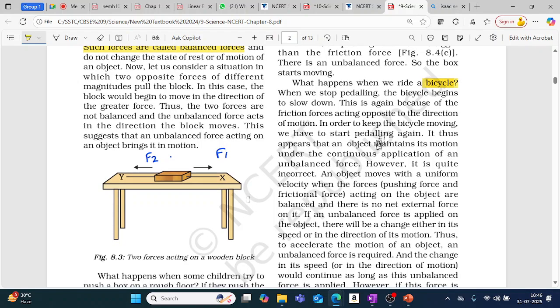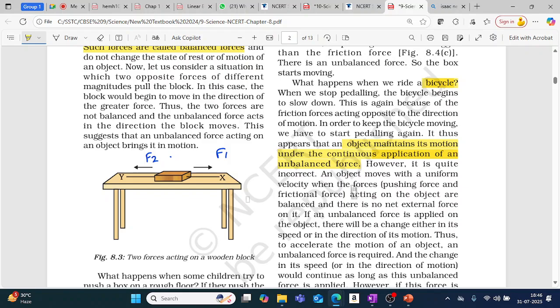And the object appears to maintain its motion under the continuous application of unbalanced force. As long as you pedal, it keeps moving. You stop pedaling, for some time it moves and then it comes to a stop. So you feel that if you continue to apply unbalanced force, the object will move. But this is not correct.